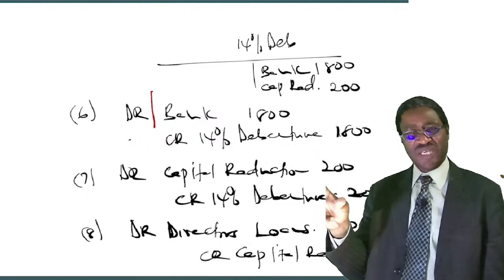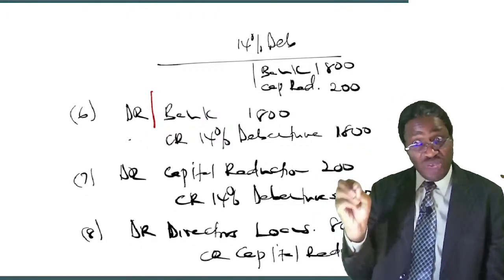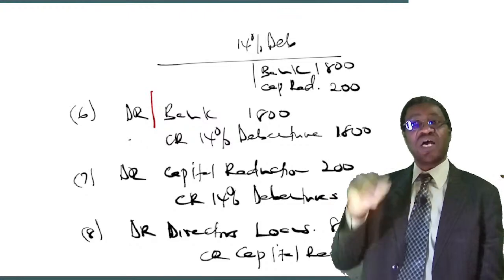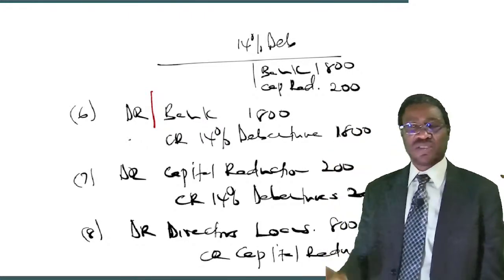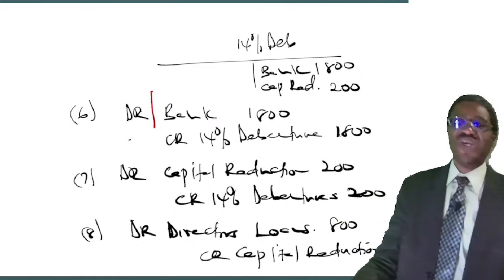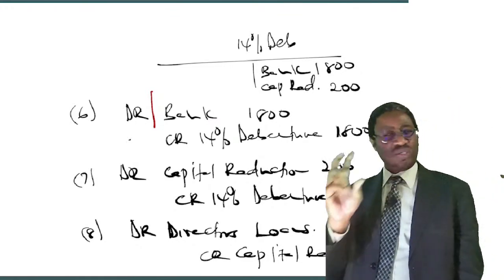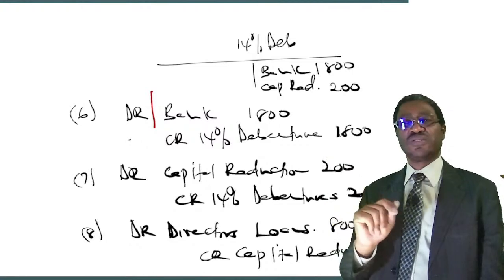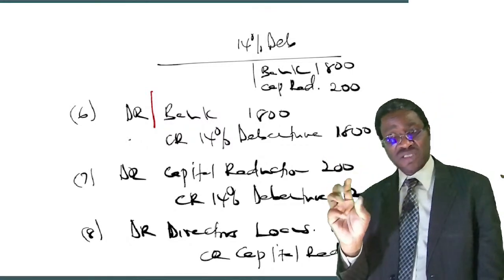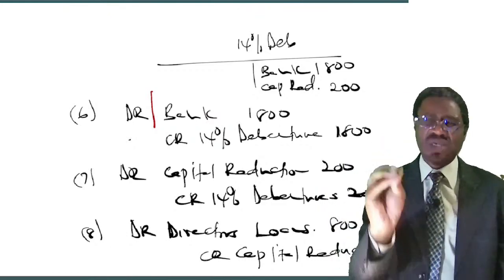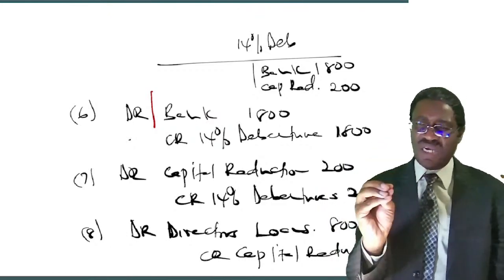I hope you remember that sentence. Shillings 2 million, 14% debentures of 100 shillings each, was issued at 19. So we received how much? Not 2 million, because we are issuing a debenture worth 100 at 19. So we had to ask ourselves, how many debentures are there?